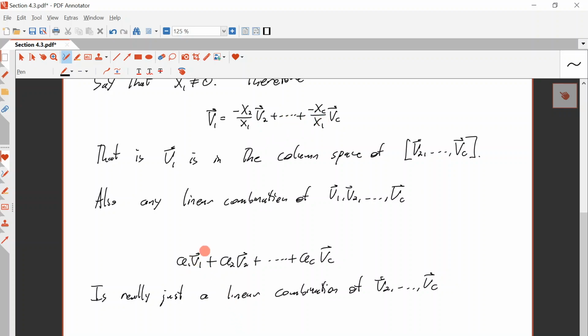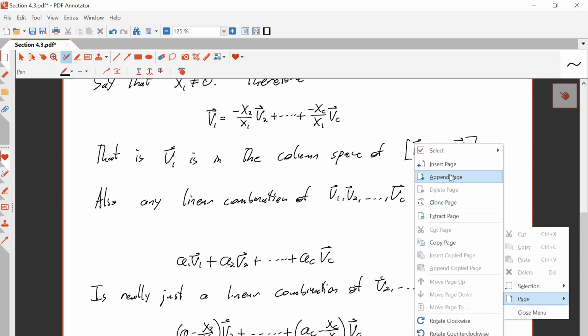So I can just replace the v1 with that and then collect like terms. Right, so we get a2 minus x2 over x1 v2 plus, and so on, ac minus xc over x1 vc.